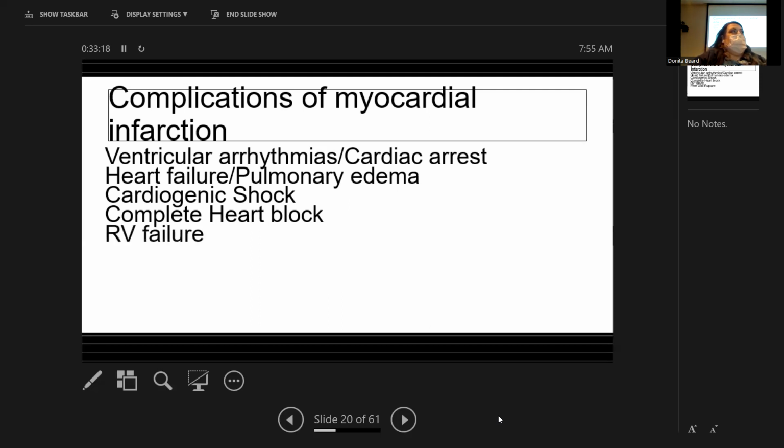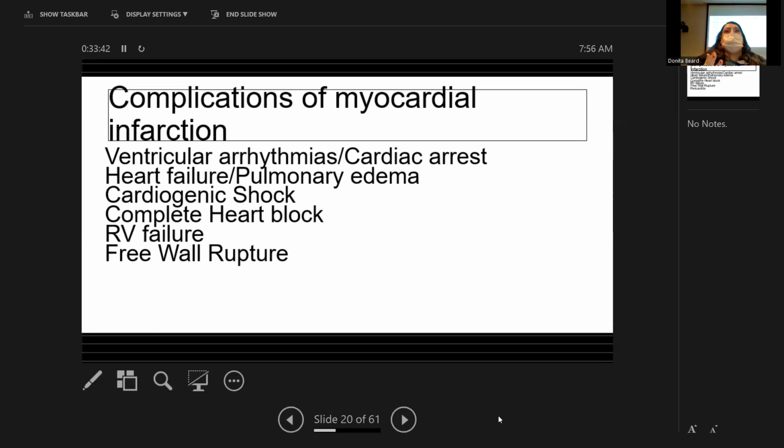RV failure, so same thing in inferior infarcts. You can get what's called RV infarct, and they're very difficult to manage and associated with high mortality and morbidity. Free wall rupture too, especially with LAD infarctions. Some of these are late, and we'll talk about them.